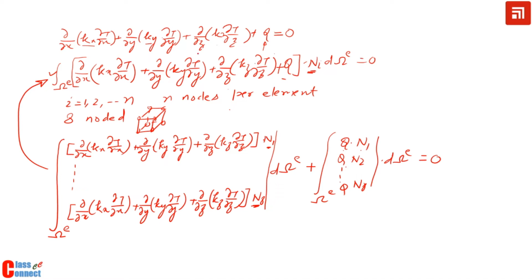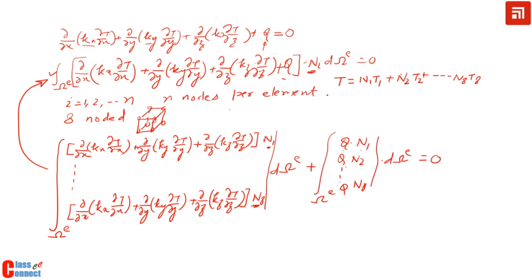It means here in this equation T is equal to the approximate function that we have used. This is N1 T1 plus N2 T2 and up to N8 T8.